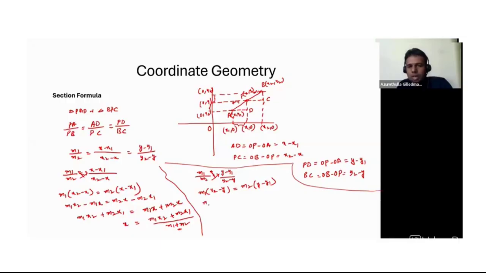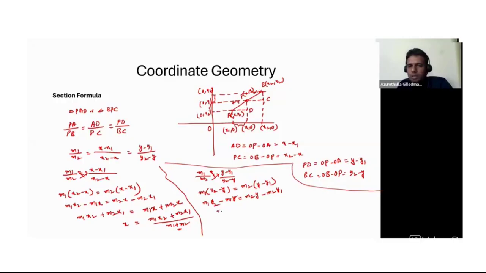So this becomes m1 y2 minus m1y equal to m2y minus m2y1. Now let's send the y terms and the y1, y2 terms to the other side.